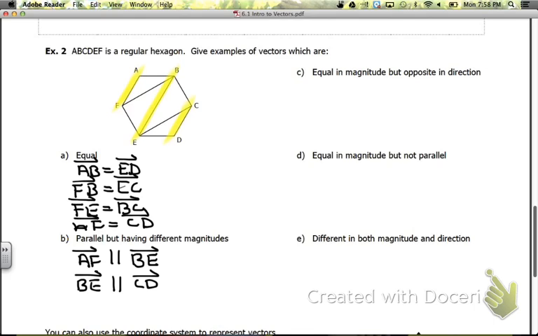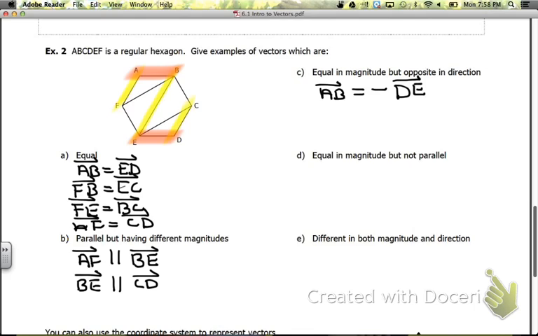So now, if we look here at our example, you can see AB, okay, is equal to DE, but they go in opposite directions. So AB, the vector, is equal to negative DE. So they're same size but different directions.